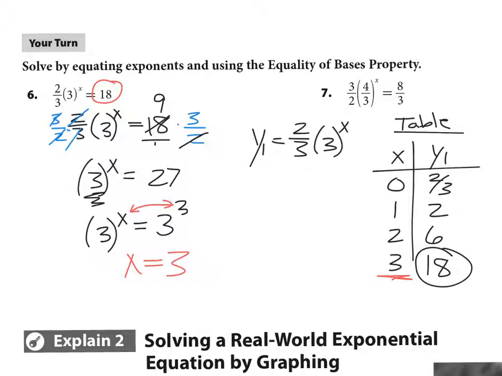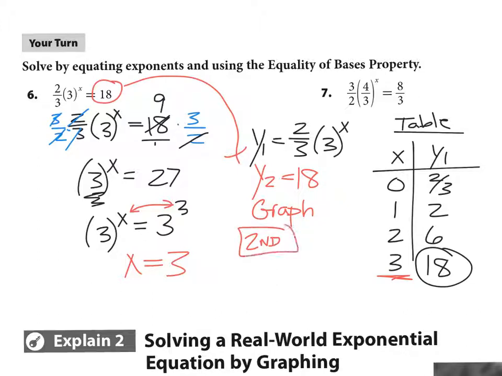And then the last method is if you want to do it graphically instead of using the table, you take 18, you plug that in again for y2, then you go to your graph, and then go to second, trace button, go to intersect, which I think is number 5, and then find the intersection, which would be at x equals 3 and y equals 18.